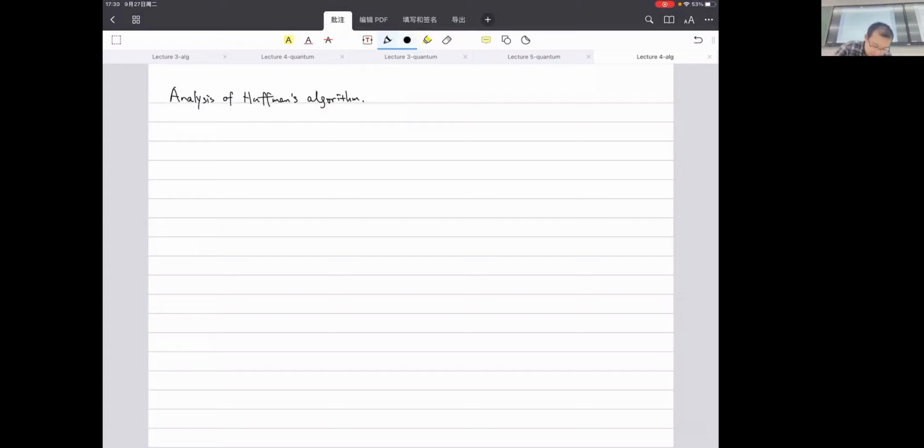We first prove the correctness, so we establish its optimality. We prove it by induction, induction on the size of the alphabet.